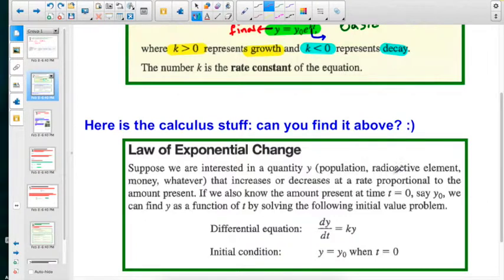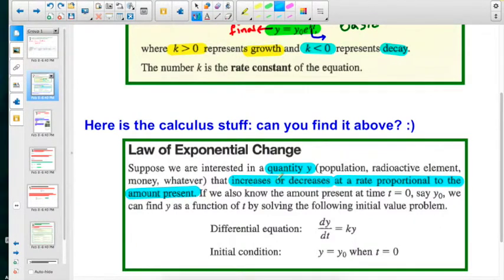So if we look at the calculus, the way we apply this in calculus is that we get this exponential model by starting with a differential condition, and that differential condition is that the quantity y increases or decreases, so there's your k value, at a rate that's proportional to the amount present.